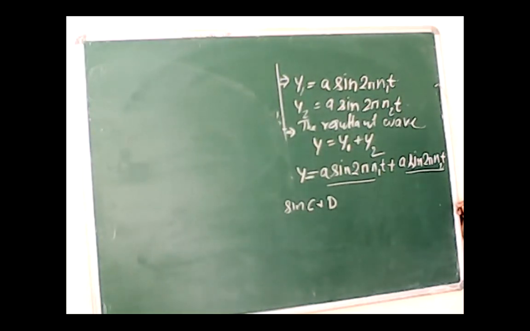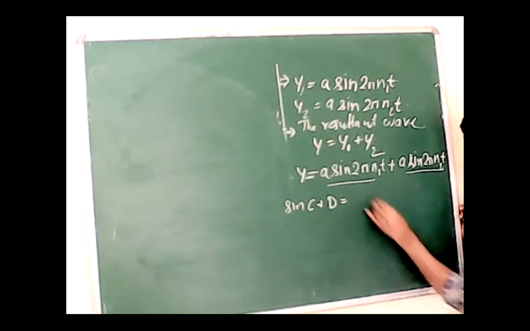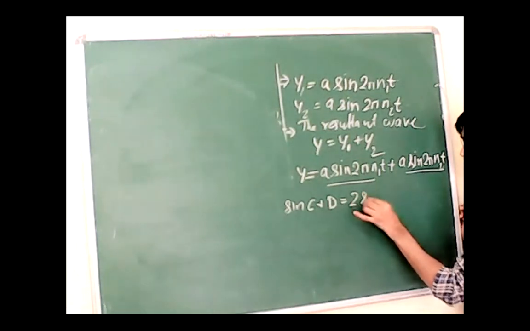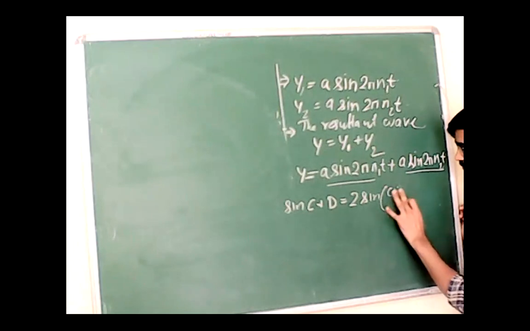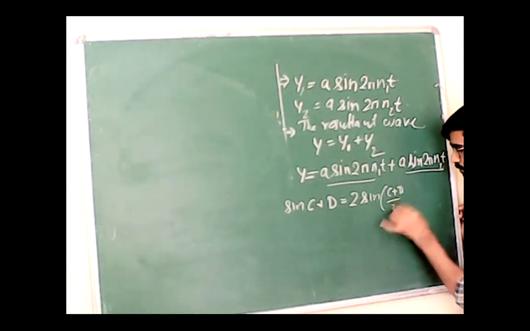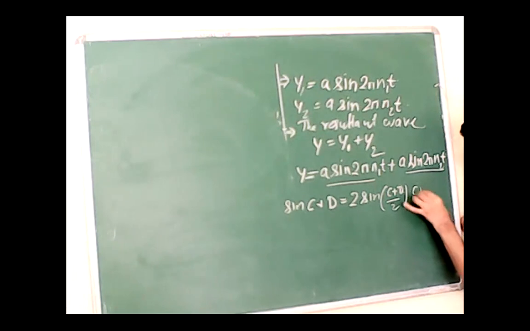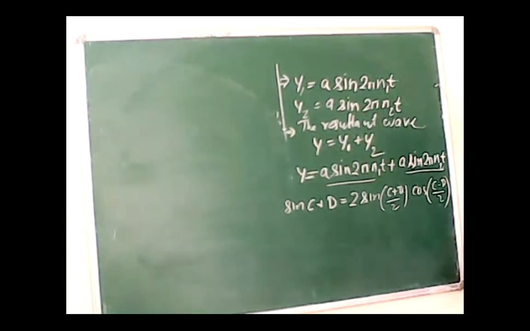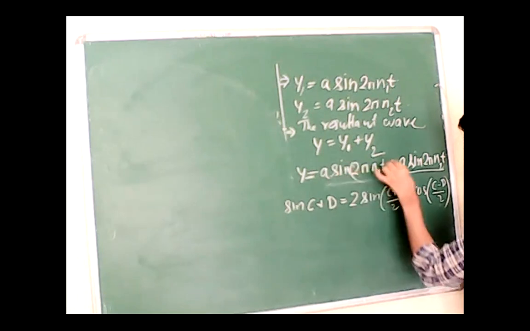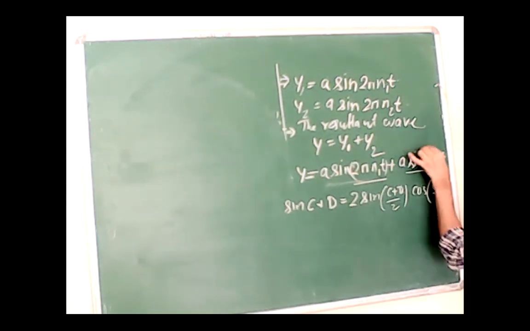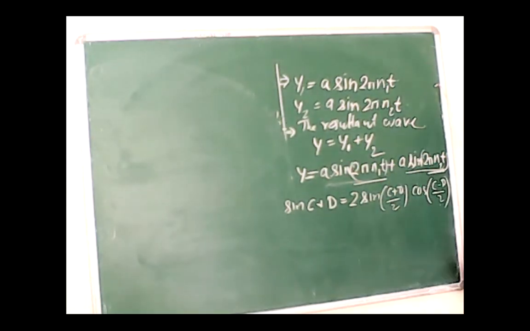It is written as 2 sin of (C plus D) divided by 2 into cos of (C minus D) divided by 2. We are going to use this formula to simplify this. This whole thing is C and this one is D.